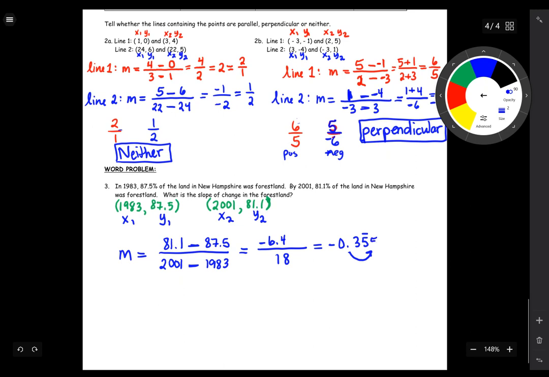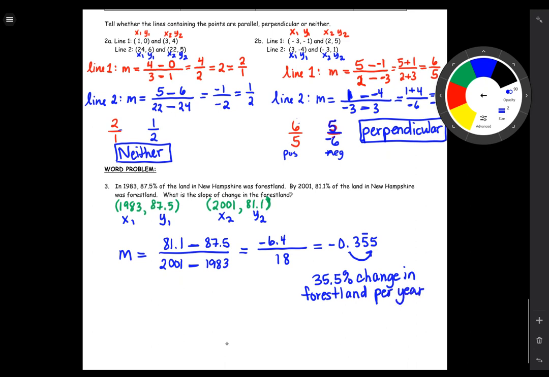I'm just going to go ahead and put another 5 there. So that would be 35.5%. That's the change in forest land per year. Slope is per unit of time. In this case, it's per year because we're measuring time in years.